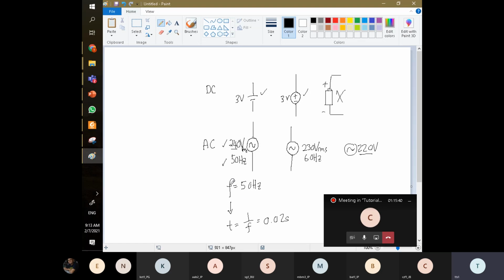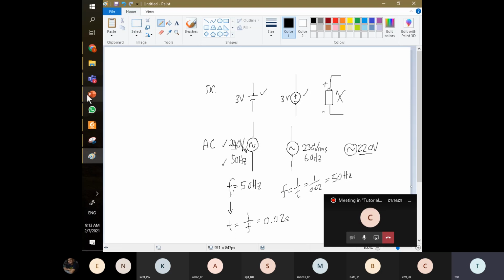And the frequency is equal to 1 over time: 1 over 0.02, you also get 50 hertz. So this is really important, from f to T and from T to f.